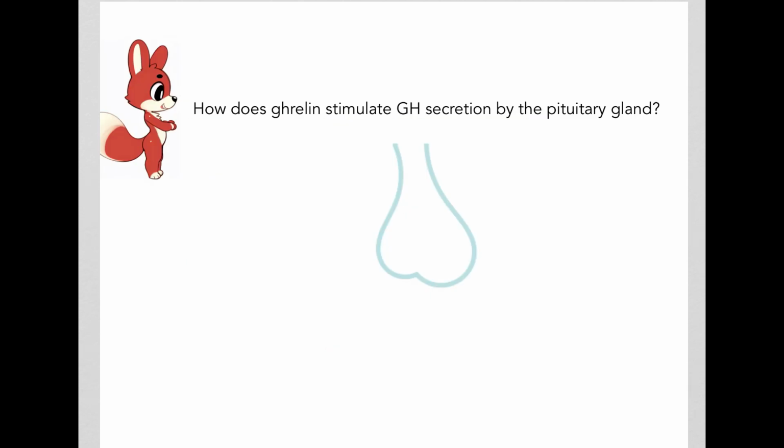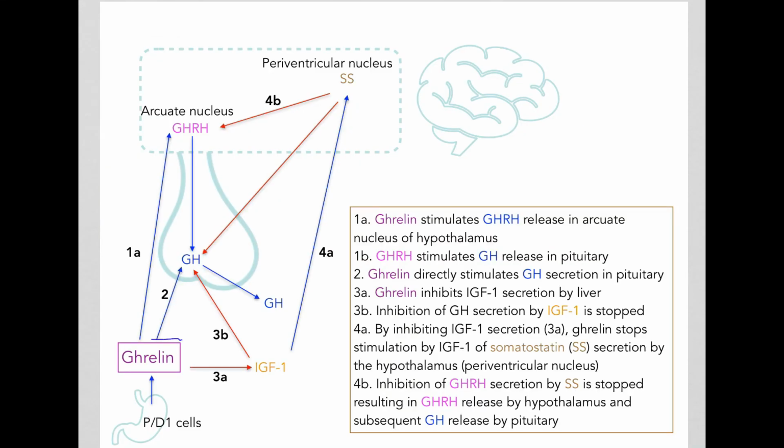Now let's see how ghrelin stimulates the secretion of growth hormone by the pituitary gland. There are several ways by which ghrelin can stimulate the pituitary gland to increase its secretion of growth hormone.